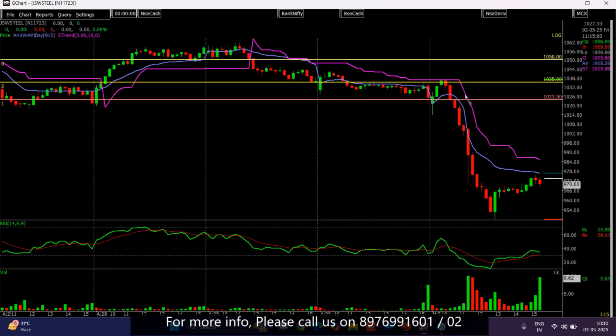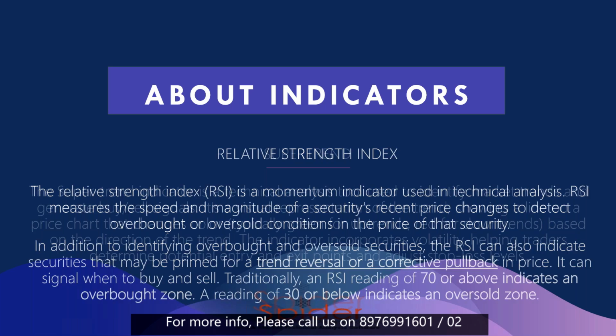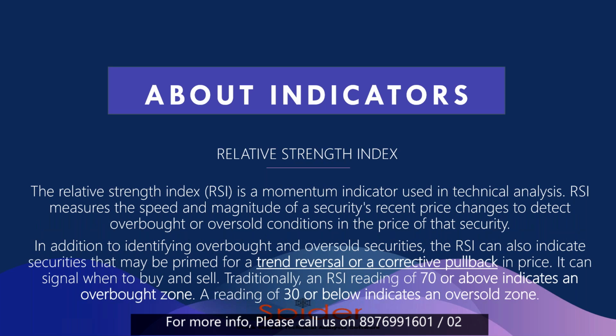Now, the last indicator that we are going to use in today's session is our Relative Strength Index, also called RSI. RSI plays a huge role for a technical analyst, because it gives you the proper signal. It doesn't fluctuate or give you wrong signals.